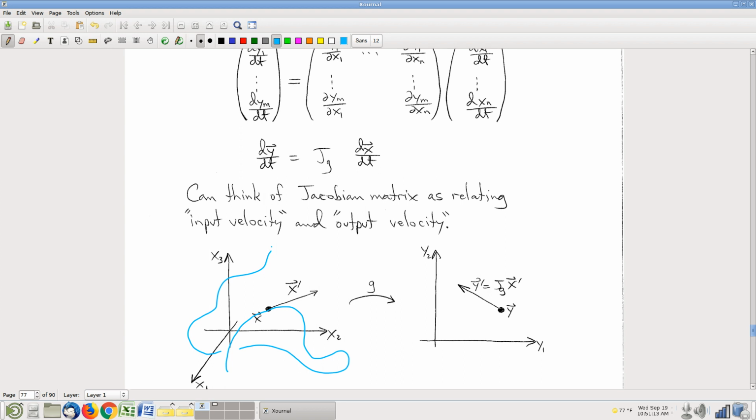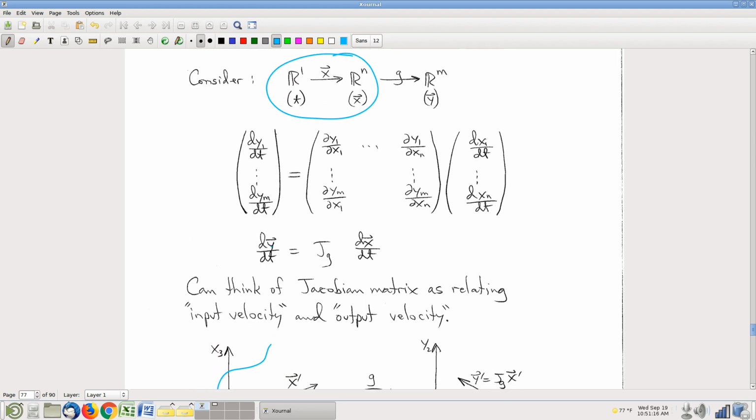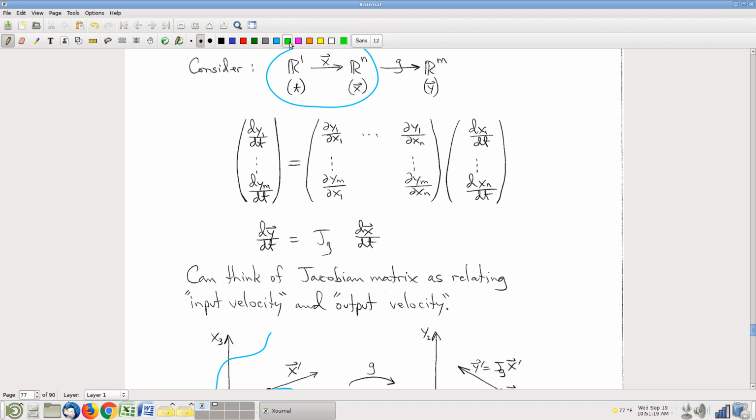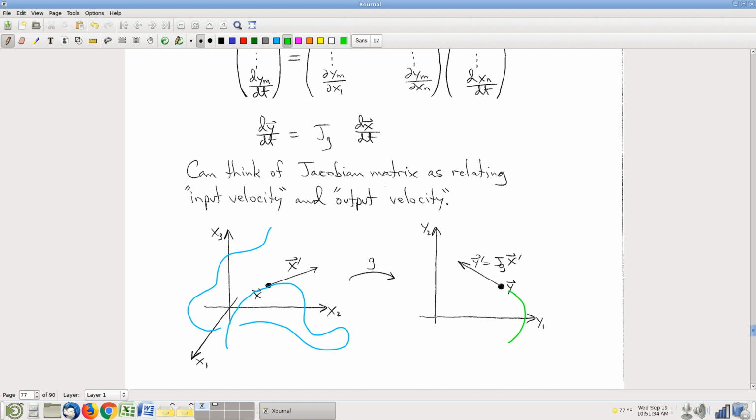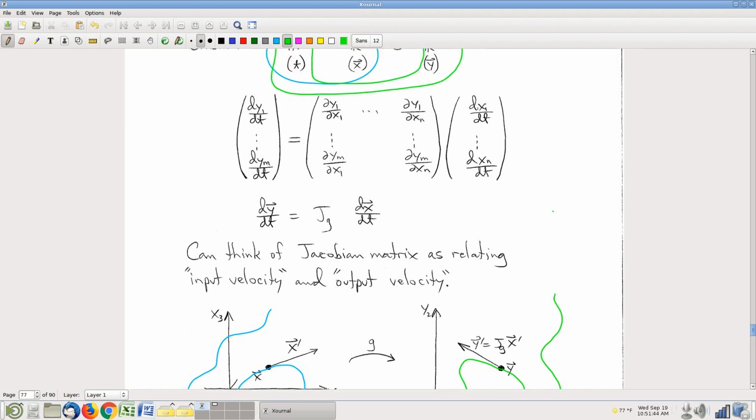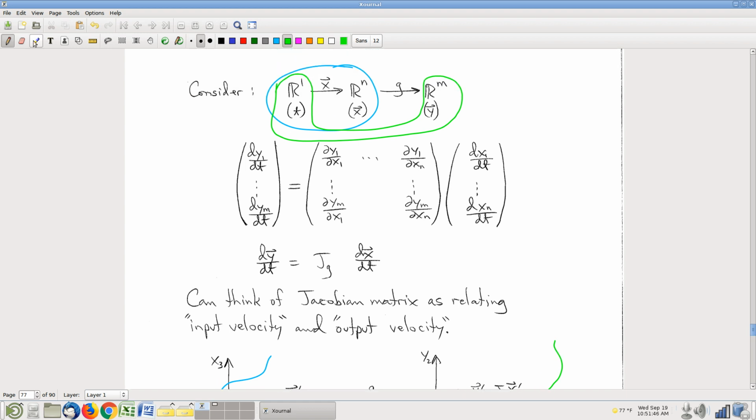And it's too bad this won't quite all fit onto the page at once. This right here, the composition, is a parametric curve in the y space. Right? Y position is a function of t. Parametric curve, again, that's going to be some sort of curve floating around in that space. So what we have then is a nice opportunity for how to interpret what this matrix is.